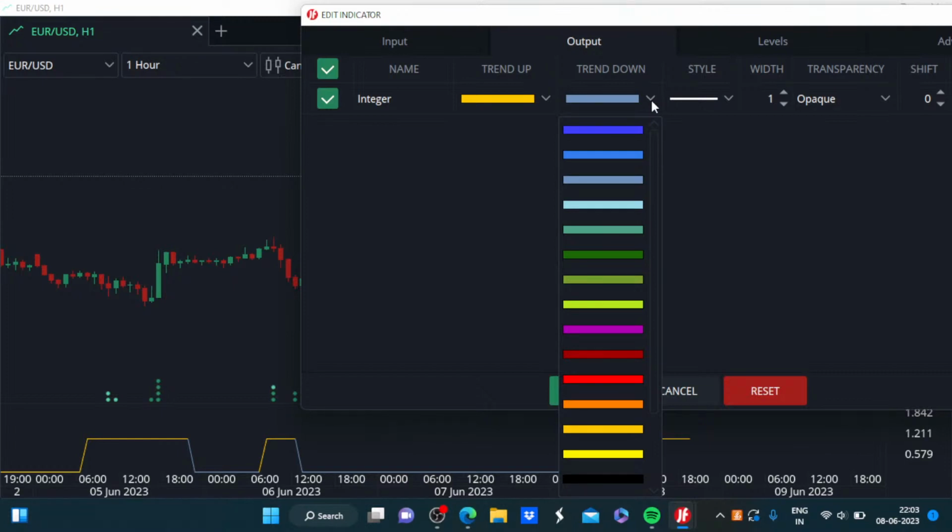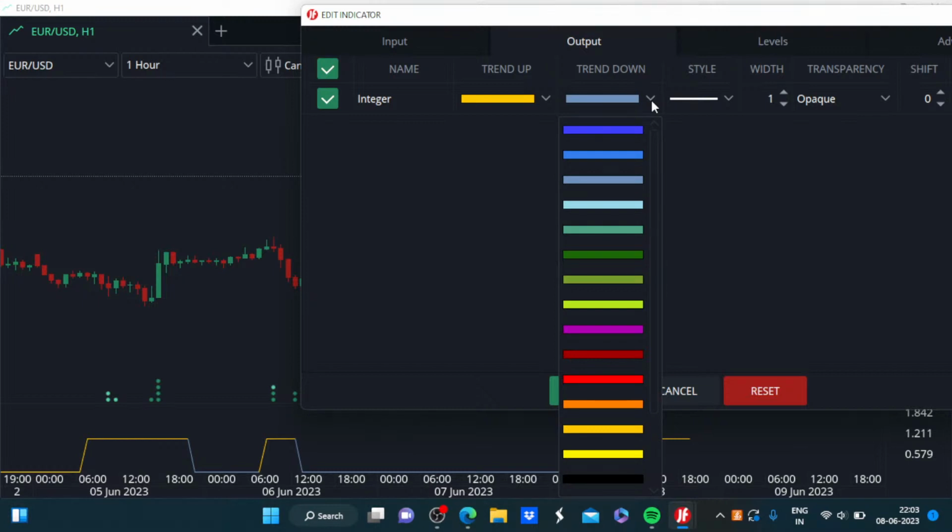The levels you can add is level where you can have a particular level in place which will make it easier for you to detect the change.